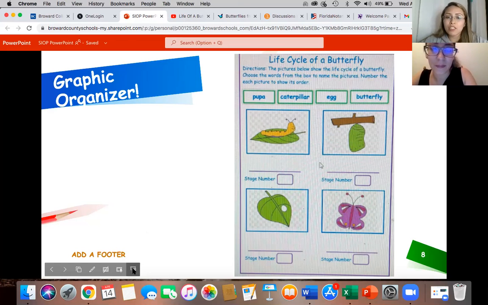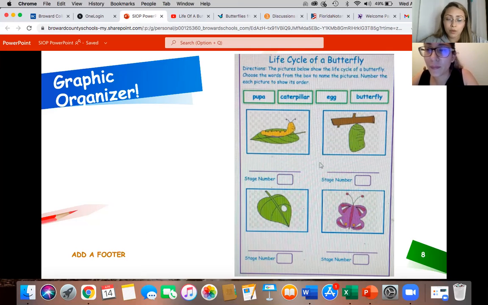The directions of the graphic organizer state: the pictures below show the life cycle of a butterfly. Choose the words from the box to name the pictures. Number each picture to show its order.